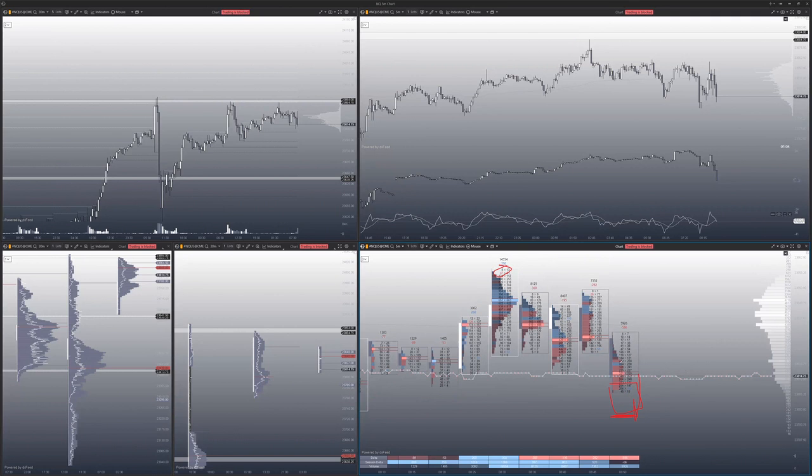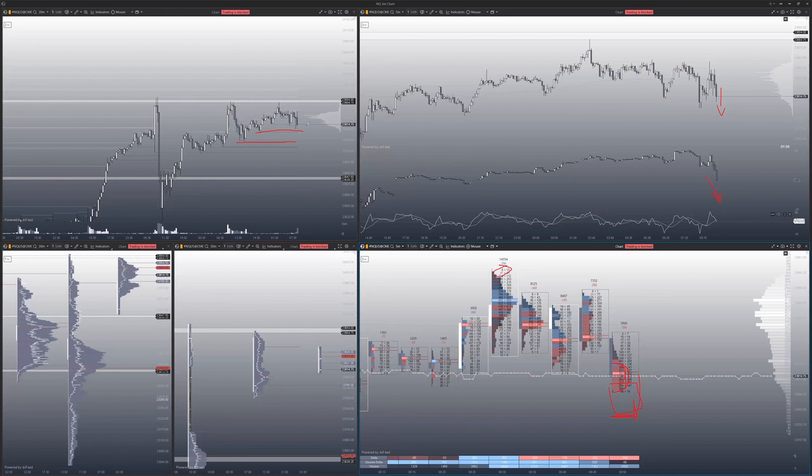That can happen. On this moment we see absorptions here. If the delta falls down and the price follows the delta, maybe we can have the next step that takes out this low or this low.